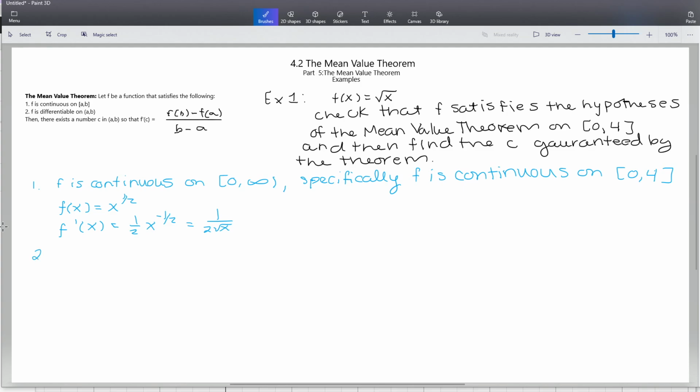So this function is defined... we have two different things going on about the domain here. We have that x is in the denominator, meaning that we don't want the denominator to be 0.